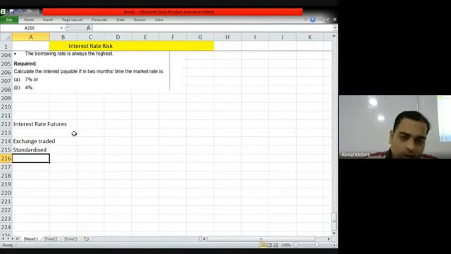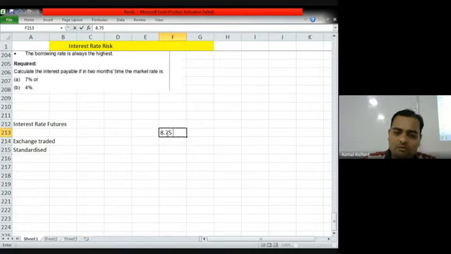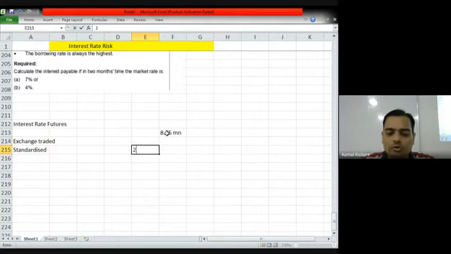Now, I have an exposure of, let's say, 8.75 million. Futures are available only in terms of 2 million buckets: 2, 4, 6, 8, 10. So either you cover 8 million or you cover 10 million.